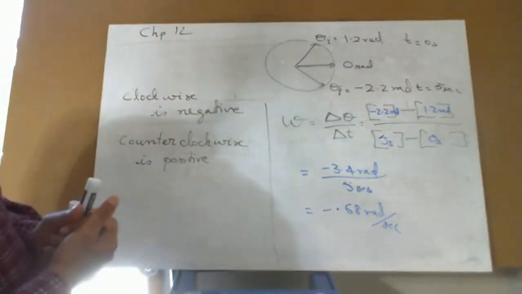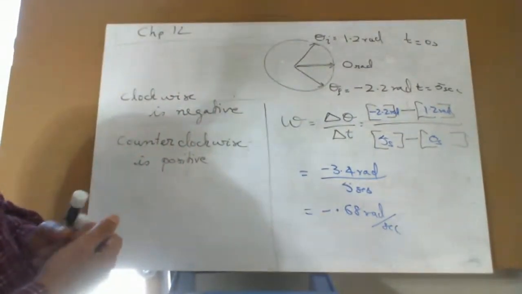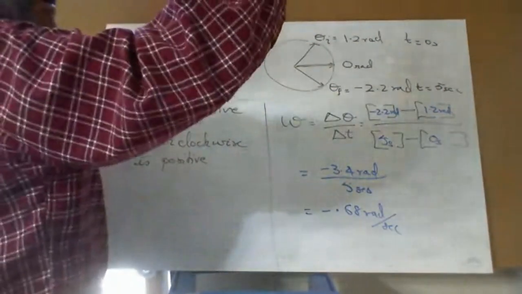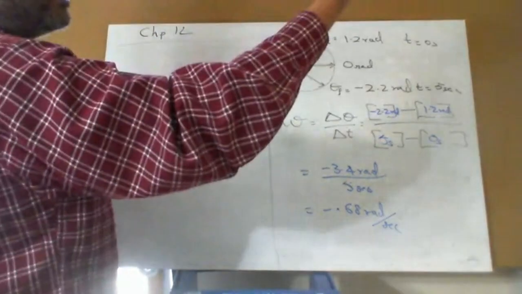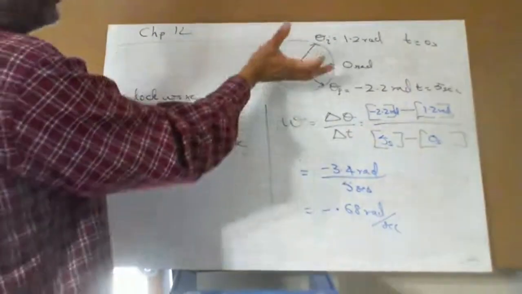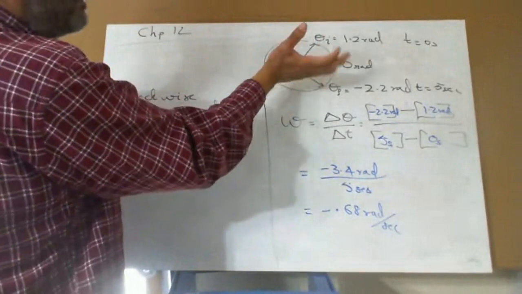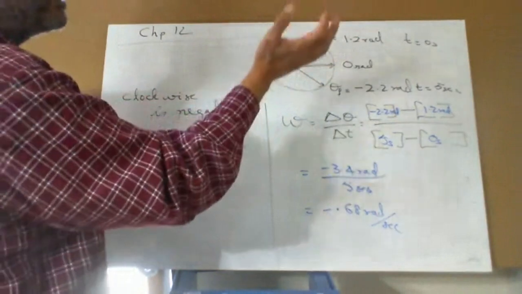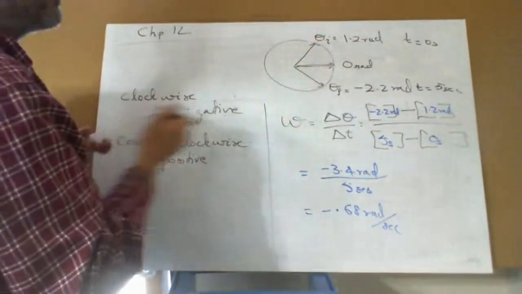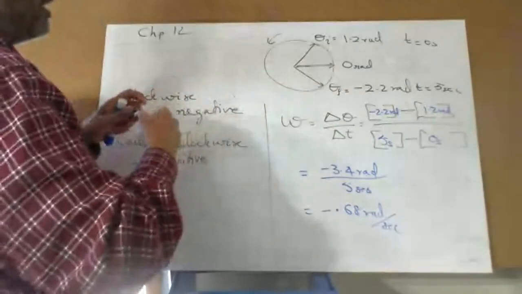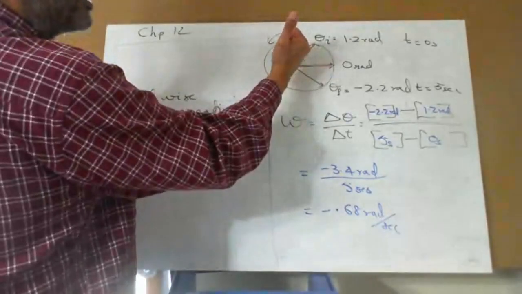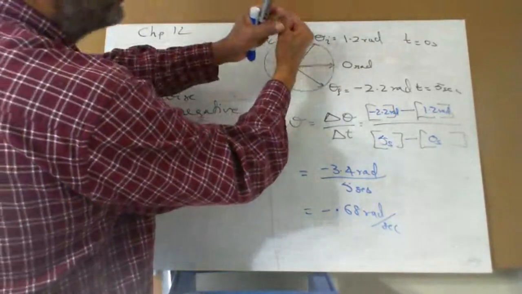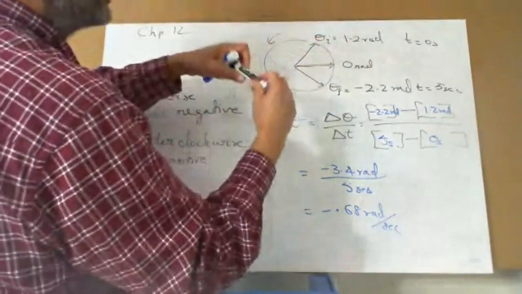How do you give something that's turning a direction? We have a man-made rule, okay? We use our right hand. Most people in the world are right-handed, so that's a man-made convention. If you curl the fingers of your right hand in the direction of the turn, then the outstretched thumb gives you the direction.